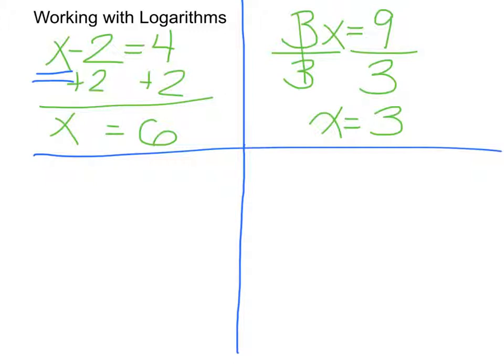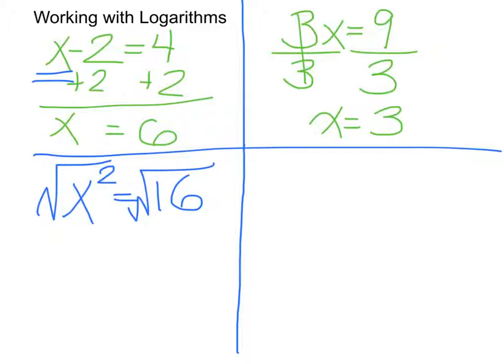You've also dealt with unknown numbers raised to some power. For example, x to the second power equal to 16. And you learned to take the square root of that. So I take the square root of both sides, it would get rid of this second power, and I would ultimately get x equal to positive or negative 4.